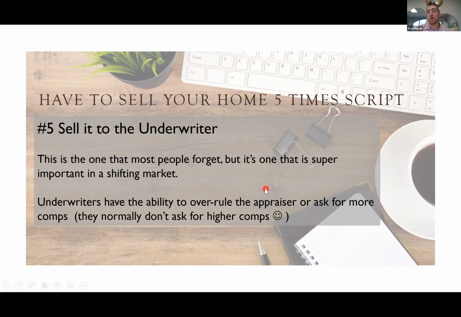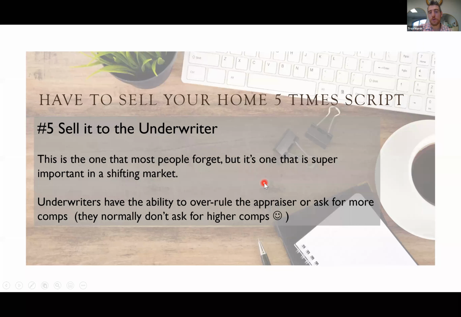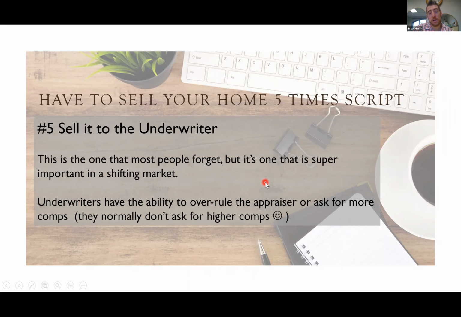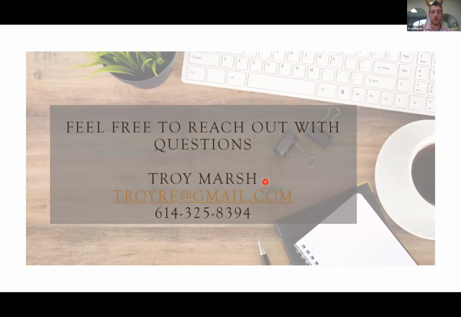But underwriters ultimately have to approve the appraisal. So even if the appraisal comes in at an agreeable price, they could say, I want to see 2 more comps that support this, or I believe we should be doing it at a lower price. And they're going to push the appraiser. The reality is the bank is the one that's paying them, so oftentimes they're going to win that argument over us.